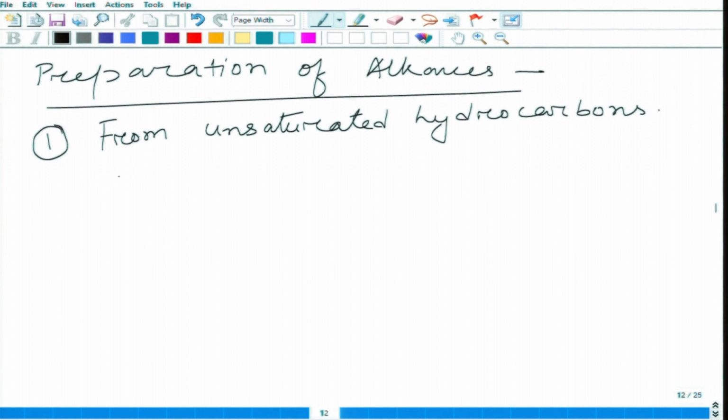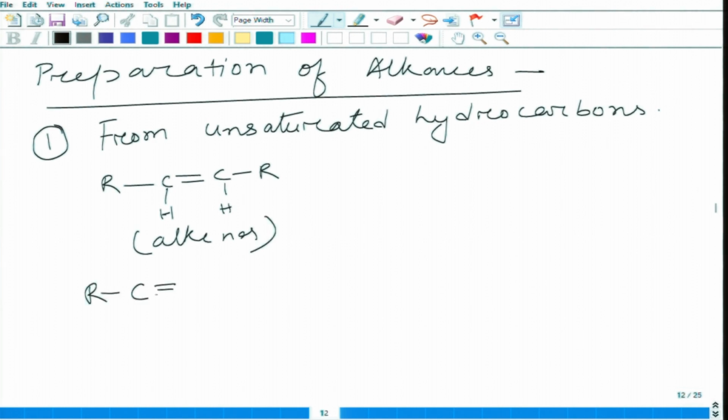That is alkenes, okay, alkenes and alkynes.